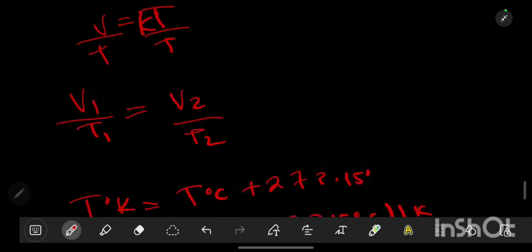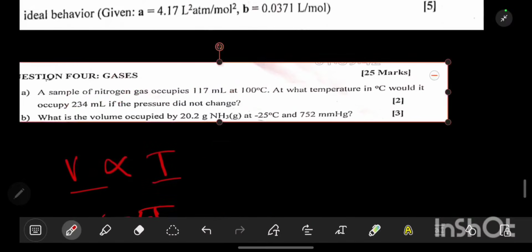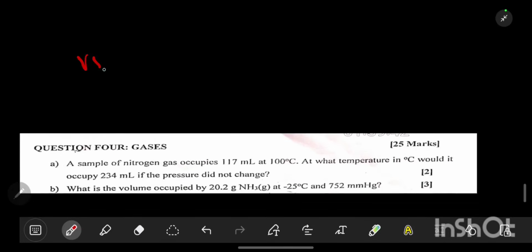With that said, we can now substitute. According to Charles' law, volume number 1 over temperature number 1 equals volume number 2 over temperature number 2.